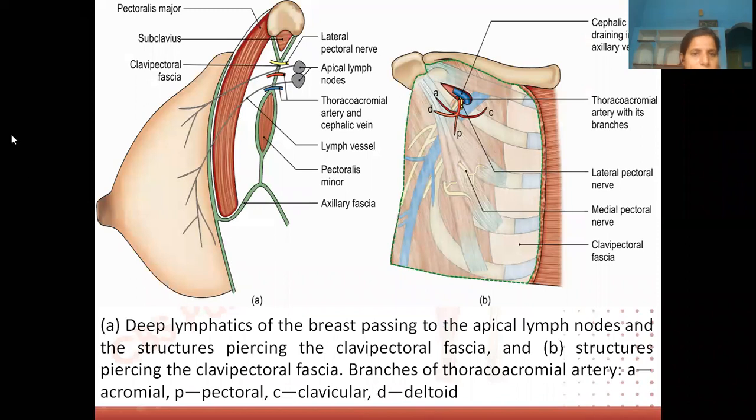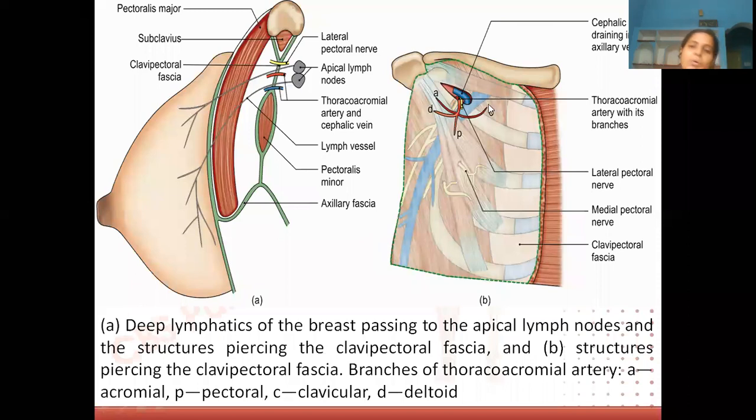Okay. So clavipectoral fascia is a fascia which is present below the pectoralis major. Now you have seen the layout. First muscle was pectoralis major. Once you cut the pectoralis major, below that you will see pectoralis minor. So covering the pectoralis minor, you are finding there is one green outline, that is nothing but clavipectoral fascia.